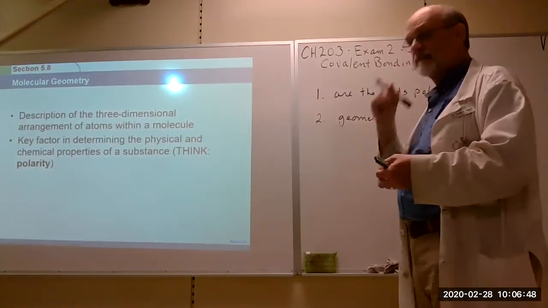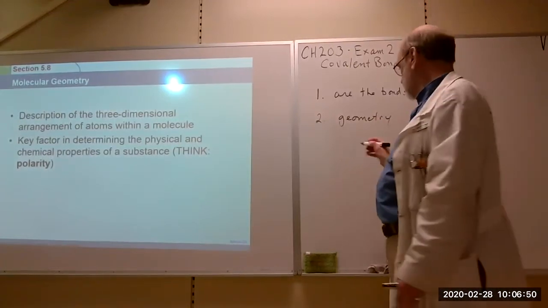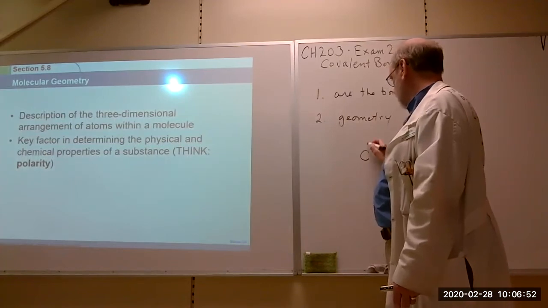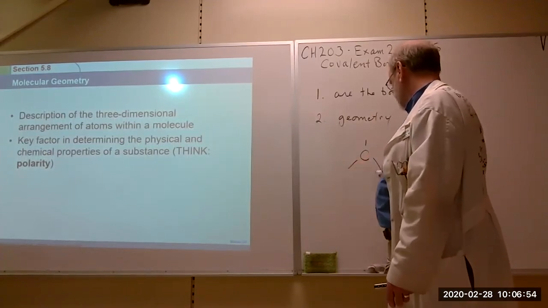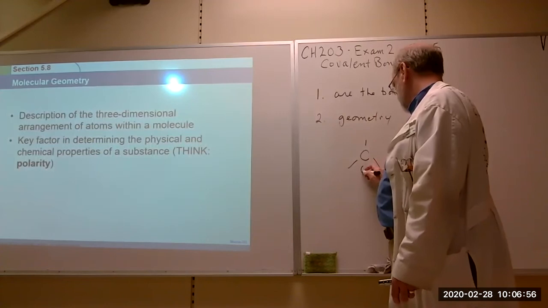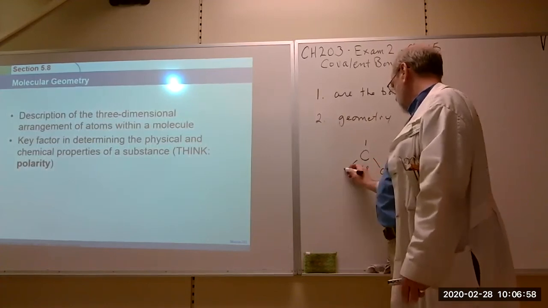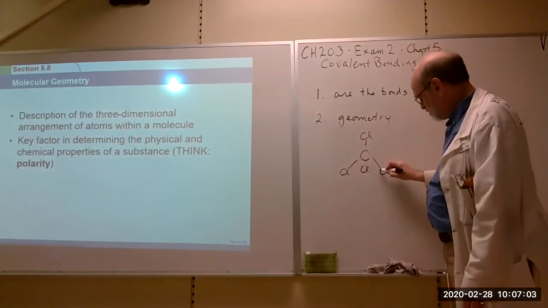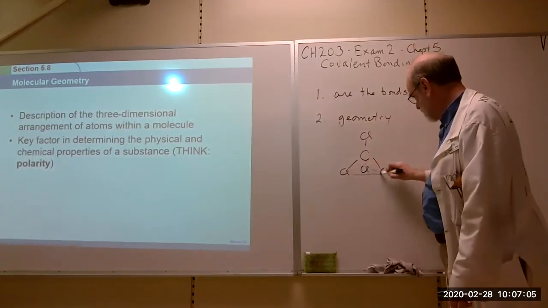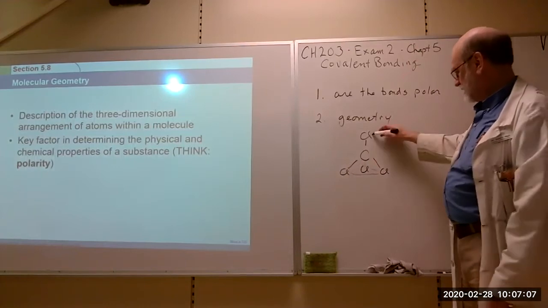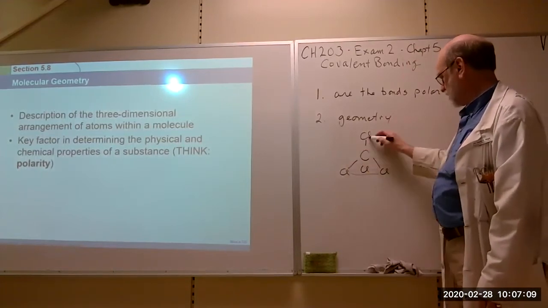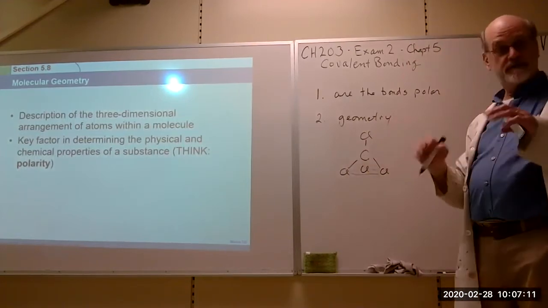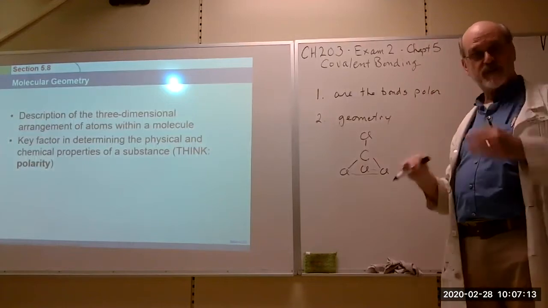Perfect example of that is carbon tetrachloride. So think of this down here as a triangular base. Okay? And then this forms a tetrahedron, a regular tetrahedral shape.